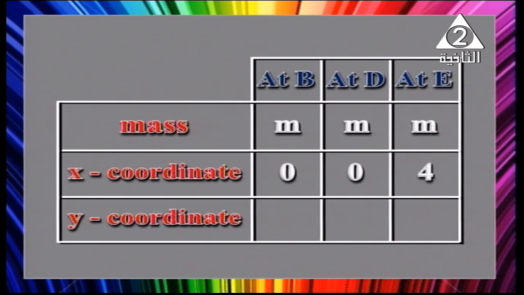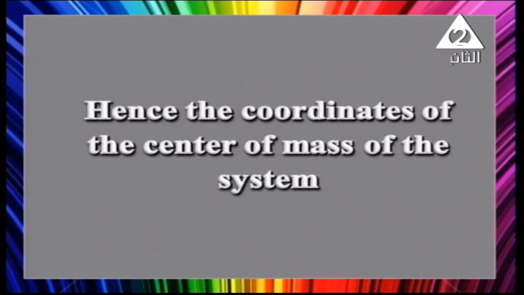We have 3 equal masses at B, D, and E, each one M. The coordinate of point B is (0, 0), point D is (0, 3), point E is (4, 3). Then we deduce, by using the table, the coordinates of the center of mass of the system.